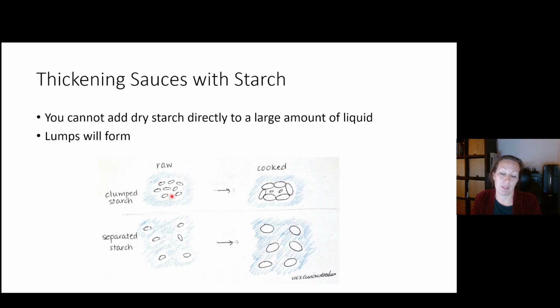And so what happens if you do that is, in this little drawing here, you throw raw starch into some liquid, and there's going to be clumps of the raw starch. When you put it all in all at once, the starch granules are going to clump up together.